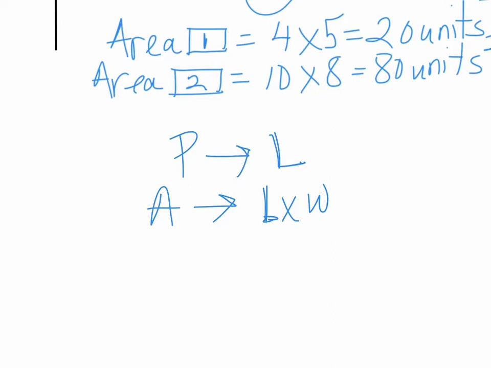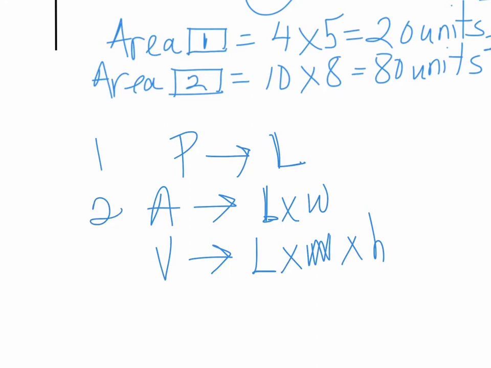If we were going to do volume today, there would be three dimensions, which are the length times the width times the height. Perimeter has one dimension, area has two dimensions, and volume has three dimensions.